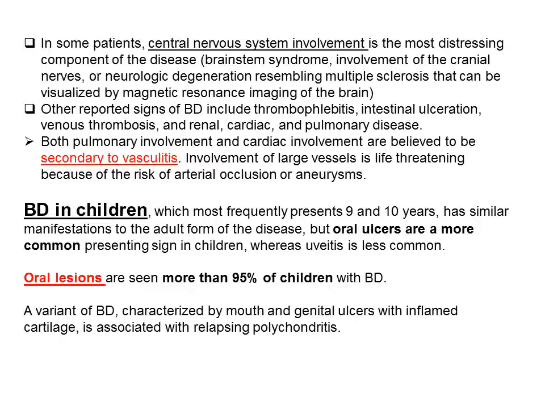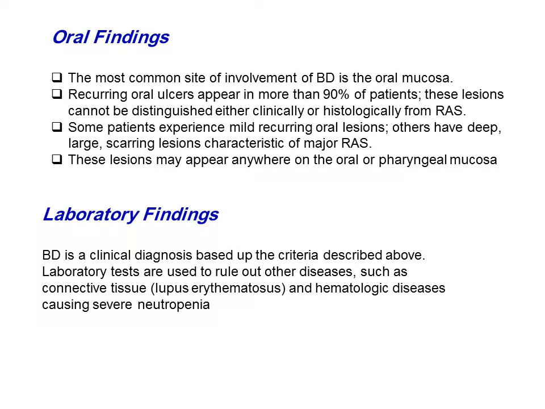A variant of Behçet disease characterized by mild genital ulcers with inflamed cartilage is associated with relapsing polychondritis. Oral findings: recurring oral ulcers in more than 90% of patients.